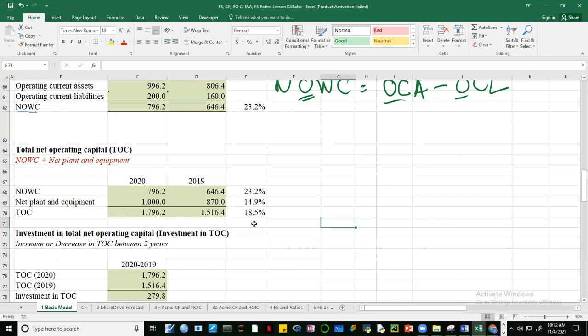Okay, we discussed this a while ago. We said that the company has been investing in its working capital. A 23% increase in its operating working capital, 14.9% increase in its property, plant, and equipment. Total 18.5% increase in its operating capital.